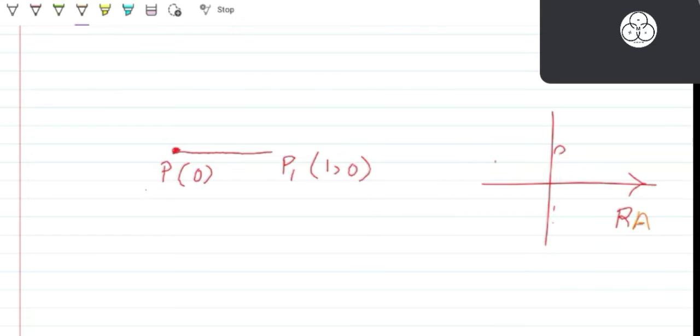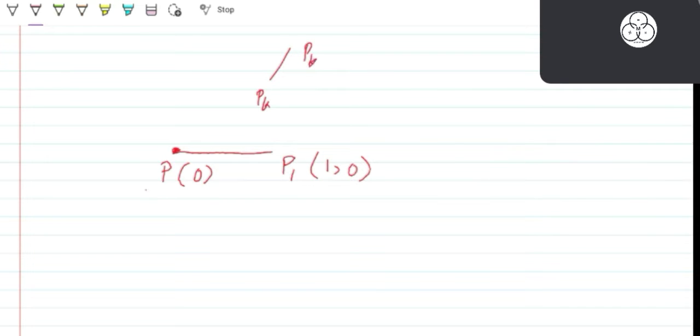This is our real axis, and this is our imaginary axis. And this is some general line, Pk plus 1, whose length we know is k plus 1, and which makes an angle of k pi by 3 with the x-axis, or you can say the real axis, right?